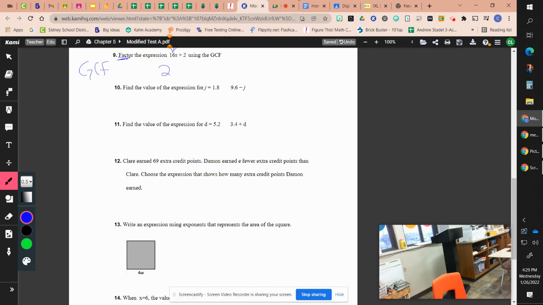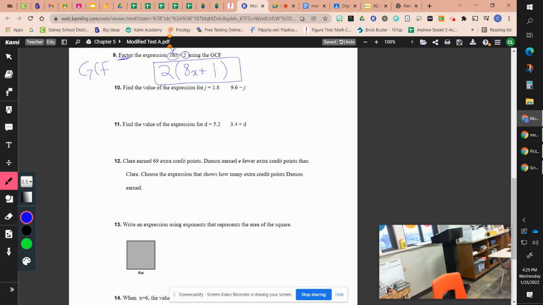In this case, it's 2, isn't it? Between 16 and 2, 2 is the biggest factor they both have in common. So what is 16 divided by 2? Well, it's 8x. And 2 divided by 2 is 1. Okay, so that will be my factored expression. Now it looks like something we should distribute, doesn't it?